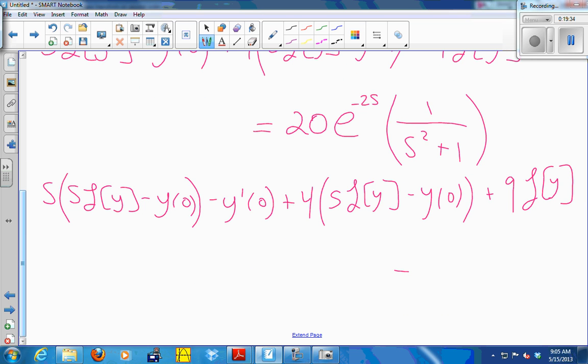And that all equals 20 e to the negative 2s over s squared plus 1. Okay, so now I can start plugging in the stuff that I know and combining like terms. So I know y of 0 is 1 and y prime of 0 is 2.